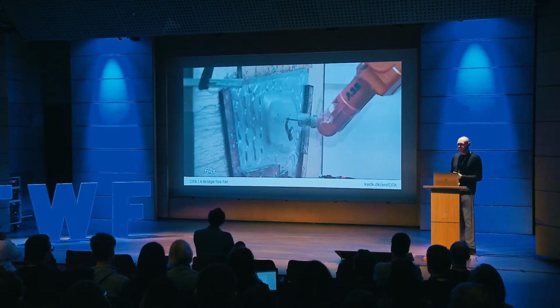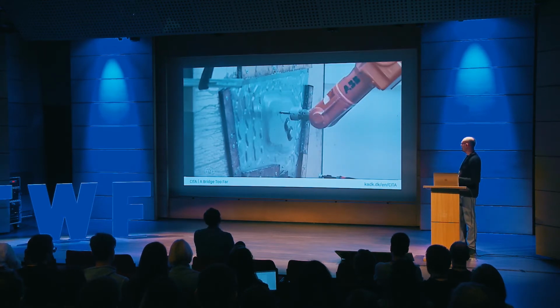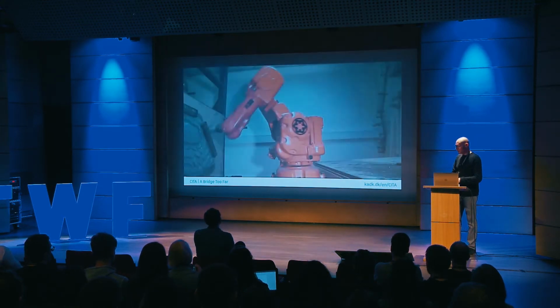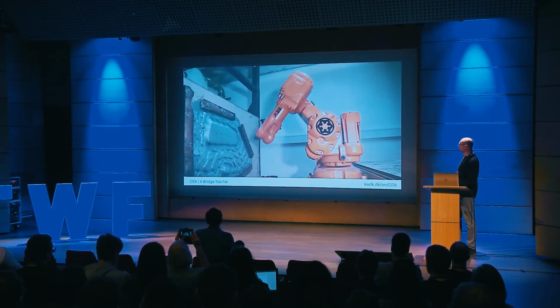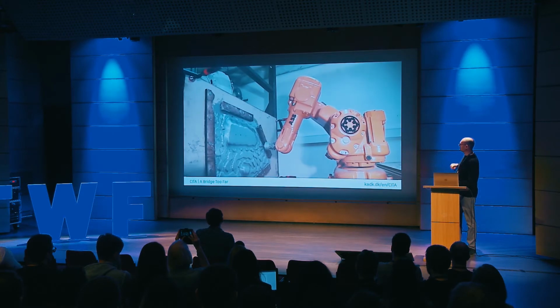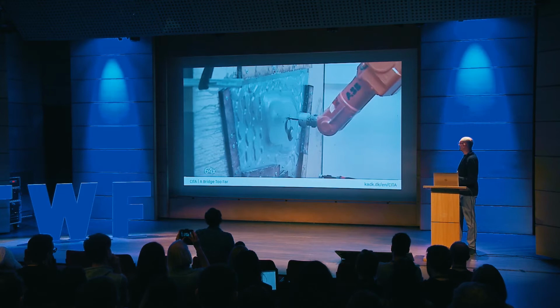So this is again the bridge, and here you can see 2 robots incrementally forming the sheet of metal, and the second robot is behind, so it's only the white top of it which you can see.